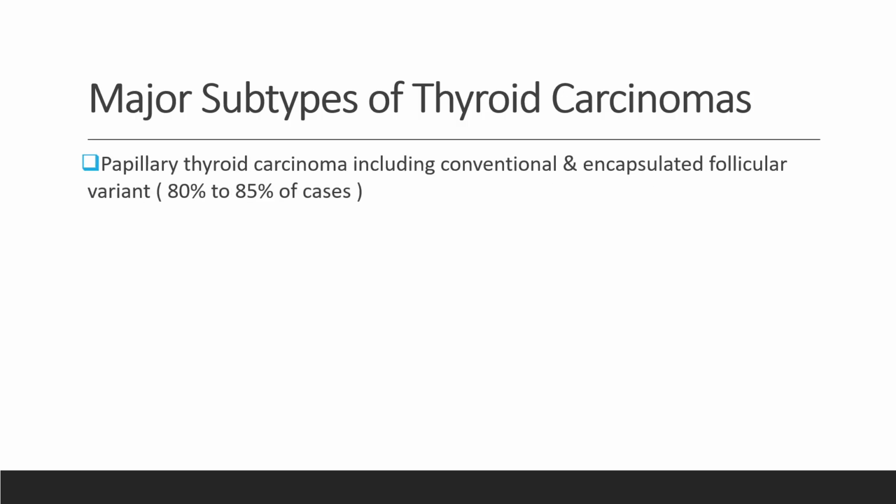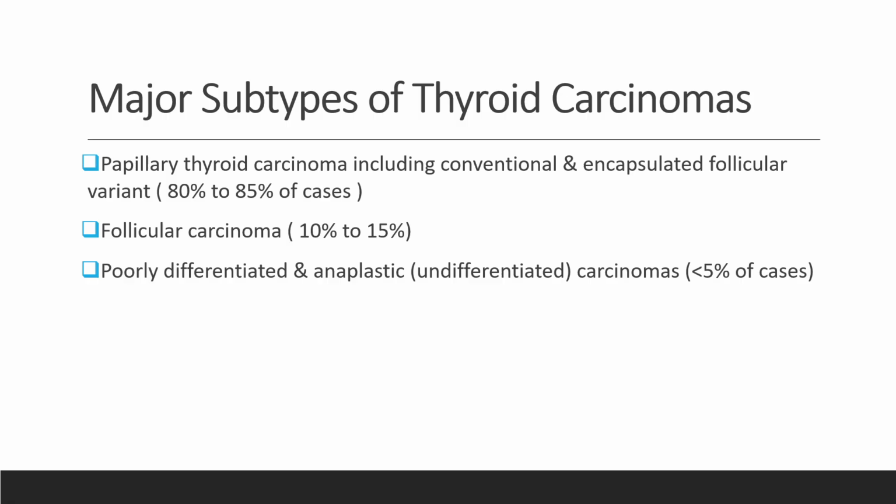First, we see papillary thyroid carcinoma, which could be conventional and encapsulated follicular variant, and this contributes to 80 to 85% of cases of the thyroid carcinoma. And the second is follicular carcinoma, which contributes 10 to 15%.